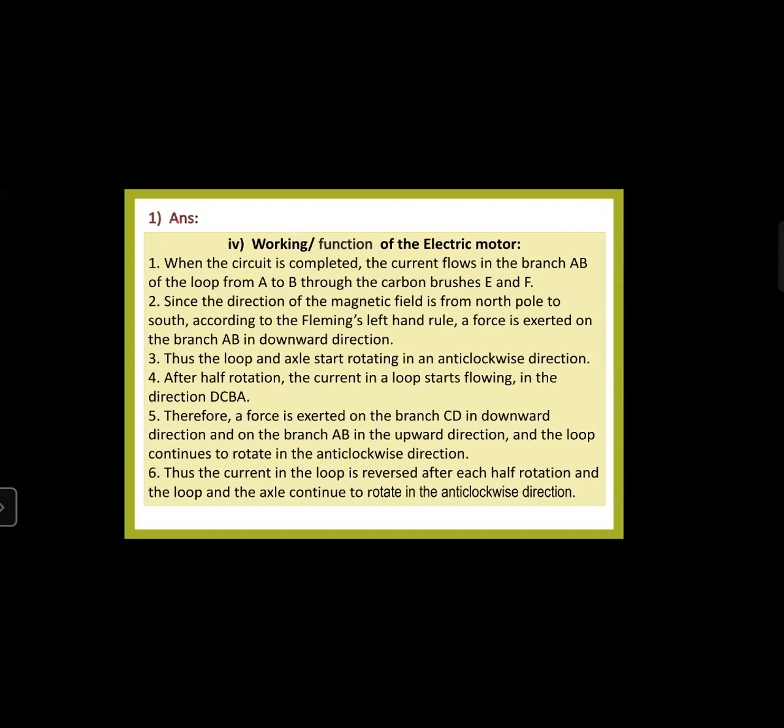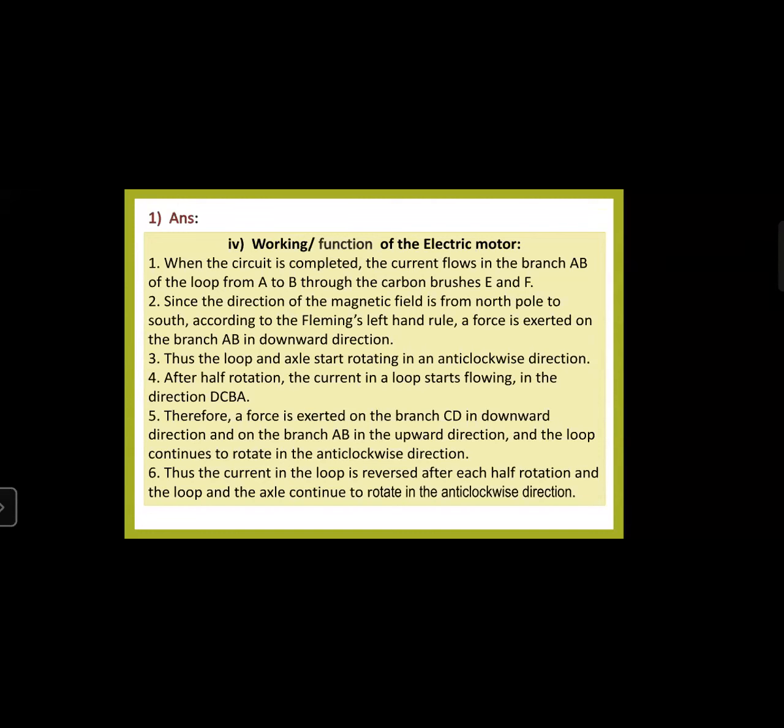When the circuit is completed, the current flows in the branch AB of the loop from A to B through carbon brushes E and F. Since the direction of the magnetic field is from north pole to south pole, according to Fleming's left hand rule, the force is exerted on the branch AB in the downward direction, and thus the loop and the axle start rotating in an anti-clockwise direction.